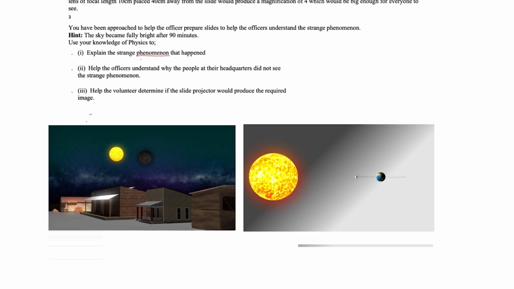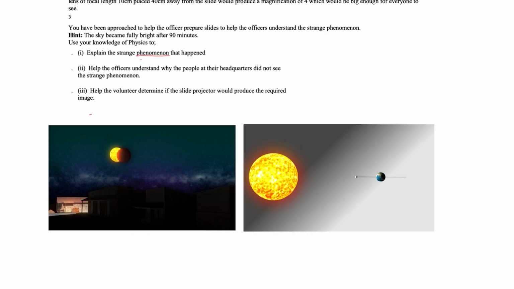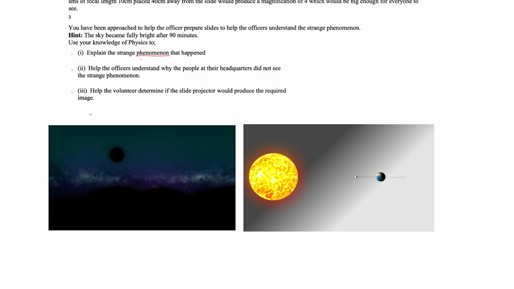Let us assume that what we are seeing here down on Earth is our military camp. At exactly 11:30 a.m., the sky became dark. The sky became dark gradually. Is it what they are talking about?